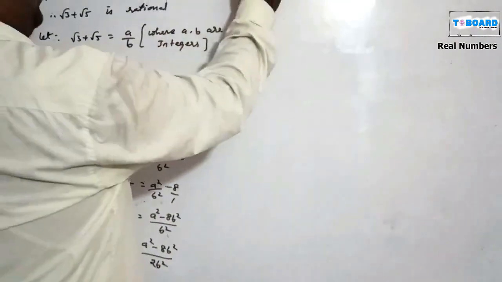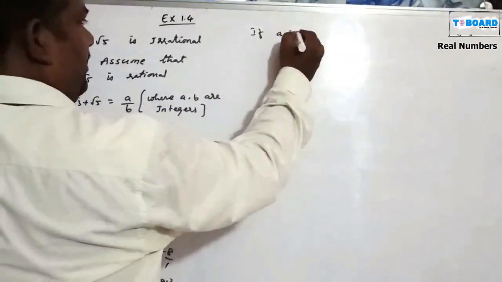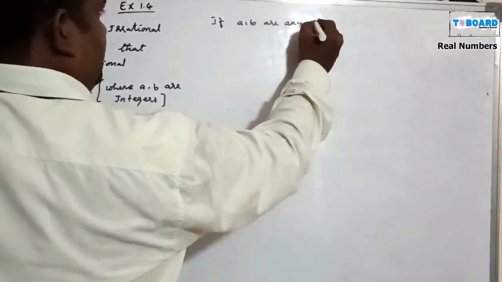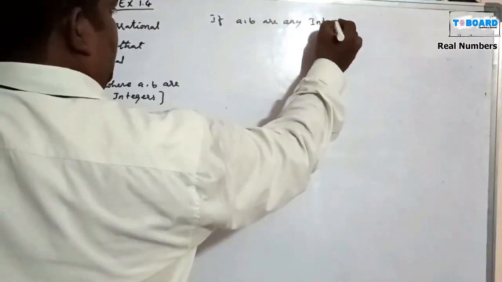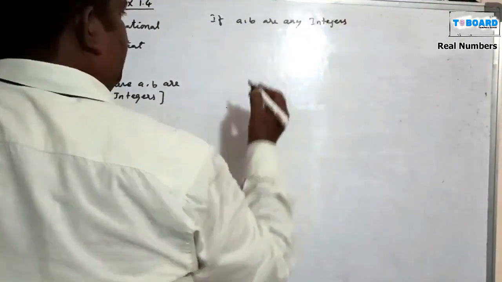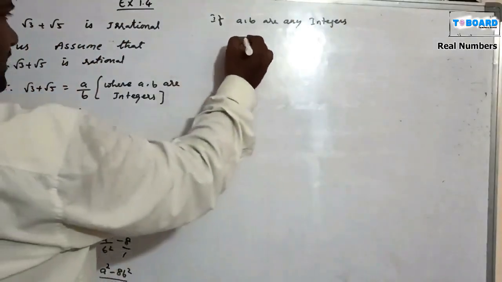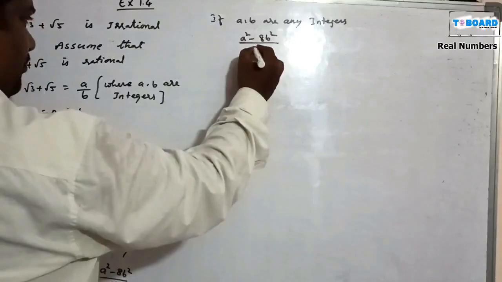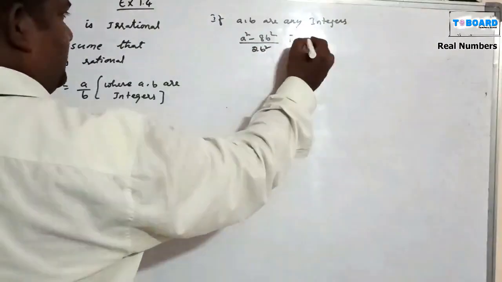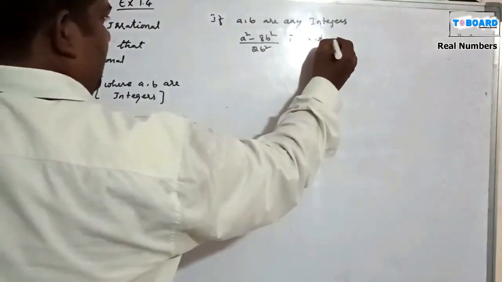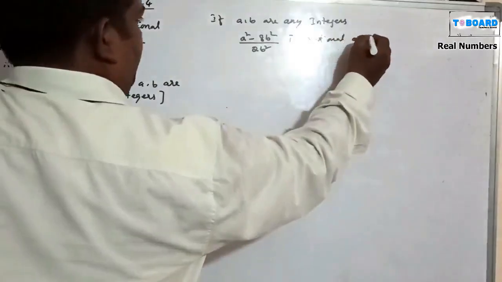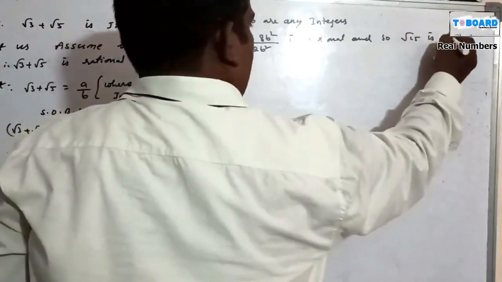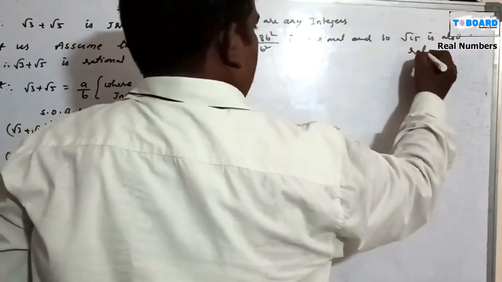Now here, if a, b are any integers, a square minus 8b square by 2b square is rational, and so root 15 is also rational.